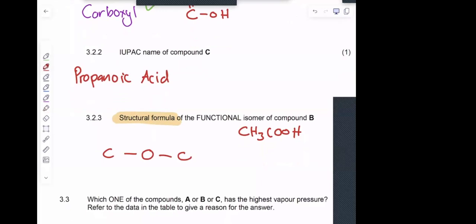The functional isomer of a carboxylic acid is an ester, right? So there's 2 pairs of groups that are functional isomers of each other. So carboxylic acids and esters are functional isomers, as well as aldehydes and ketones. Those are also functional isomers. And then we'll just have our double bond O with a hydrogen and 3 hydrogens this side.